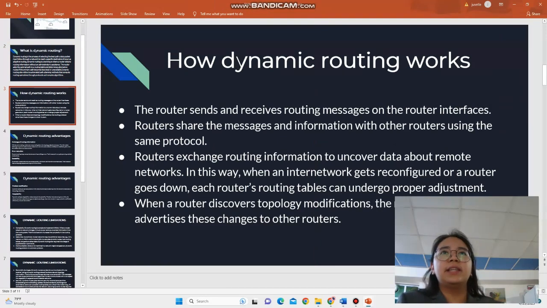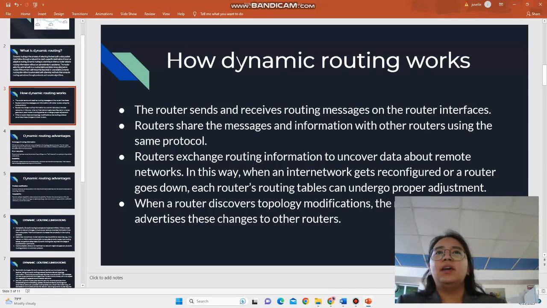So, how does dynamic routing work? The router sends and receives routing messages on the router interfaces. Second, the router shares the message and information with other routers using the same protocol. Routers exchange routing information to uncover data about remote networks.